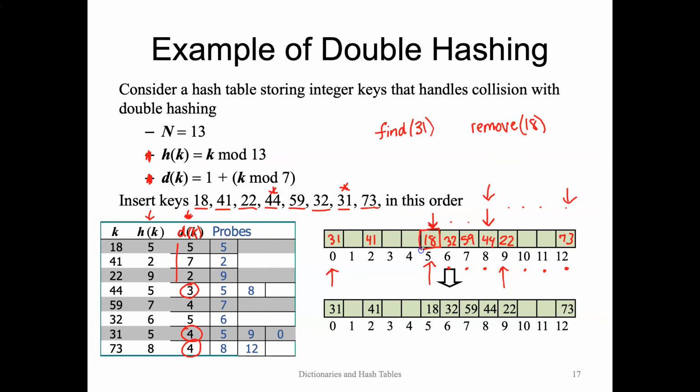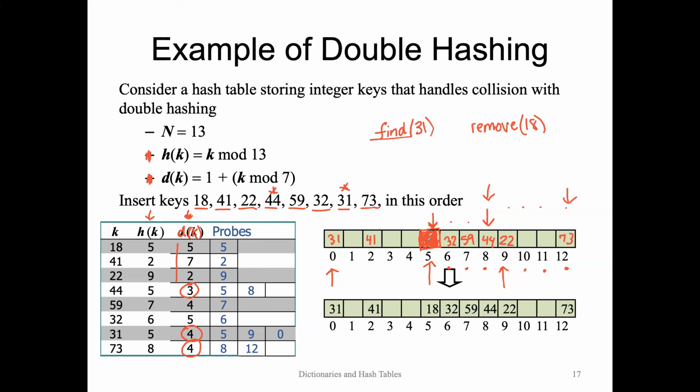And now we're okay to remove it, but when we remove an item, we have to mark it carefully to indicate that this is an available cell, meaning if we are trying to find an item and we encounter an available cell, we should treat it like there's something there and keep going. If we go to insert an item and we find an available cell, we should treat it as an empty cell and that we can insert a new item there.